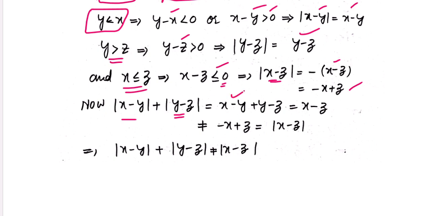This is x minus y. What is absolute of y minus z? This is equal to y minus z. By cancelling y, we have remaining x minus z. This is not equal to minus x plus z, and minus x plus z is equal to absolute of x minus z. This shows that this side is not equal to the absolute value of x minus z.